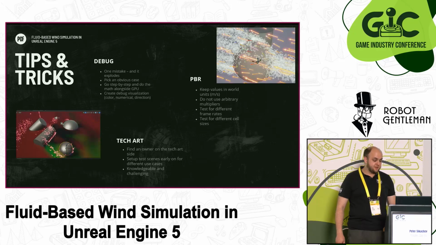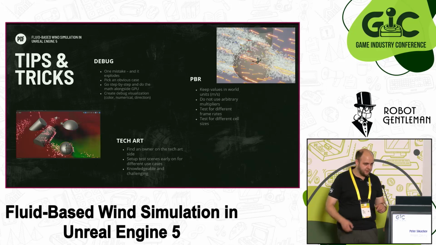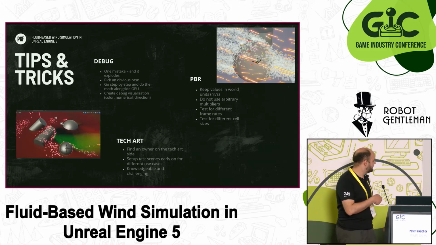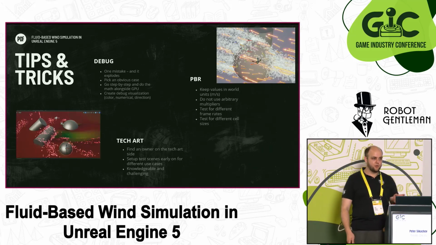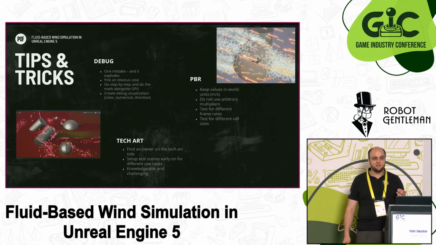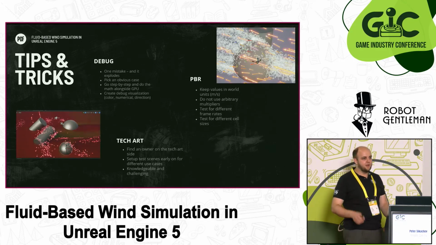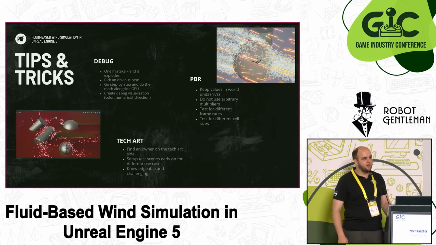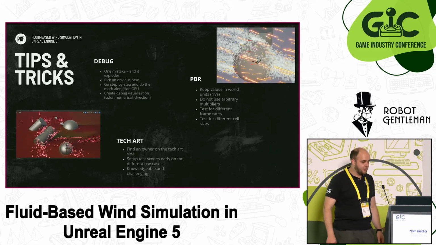And some tips and tricks, basically. You need to get used to debugging fluid simulation, and it's always painful because, as you can see here, one little mistake in the simulation and it just blows apart and you have no idea. What I found out is to make some synthetic case that I can work out manually and go step by step and verify that the shaders are doing the same, or that I didn't somewhere copy-paste code and forget to put the right coordinates.